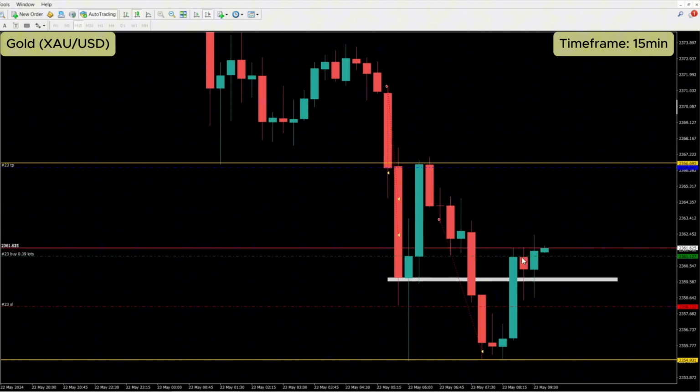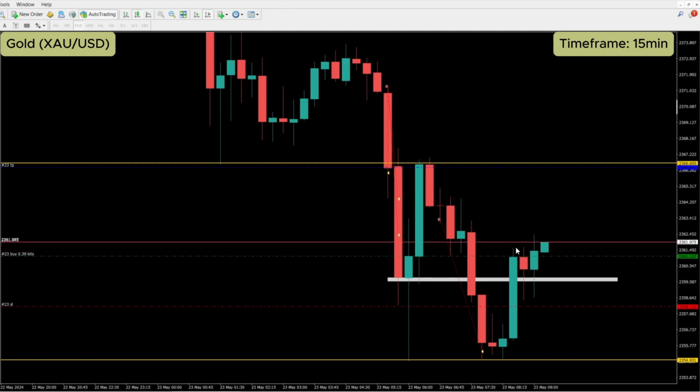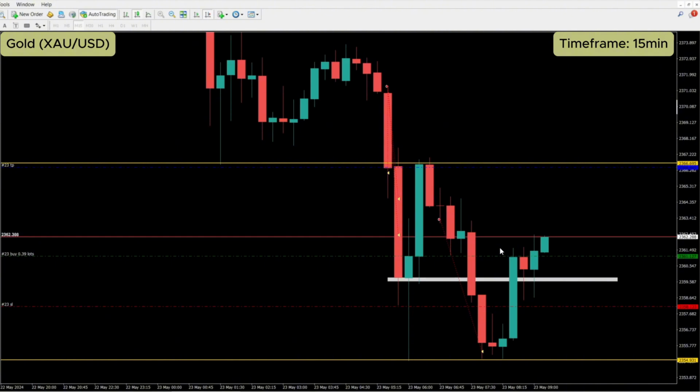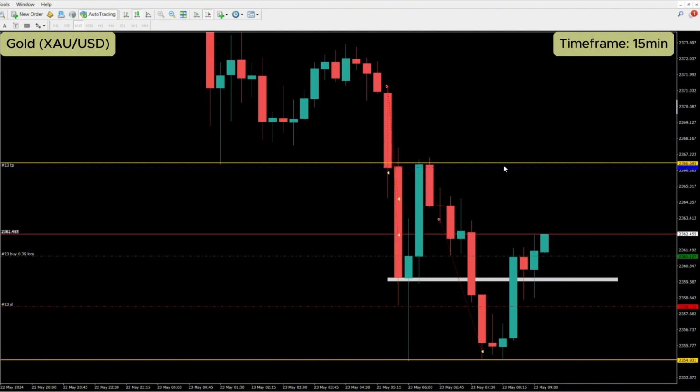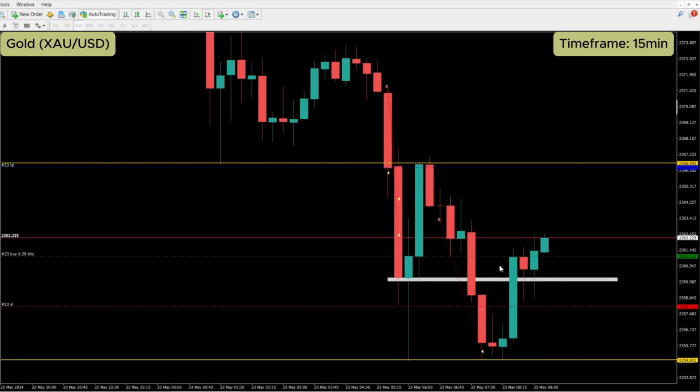And if the following candle had immediately broken the high of this bull candle, the probability would actually be lower that the price will continue to move up and reach our target level. So this is favorable. This is what we actually want to see in a scenario like this.